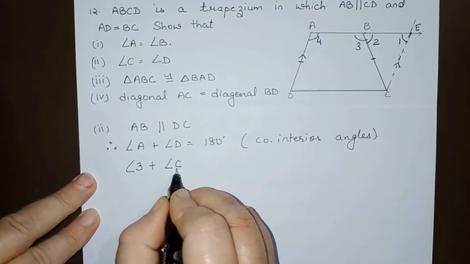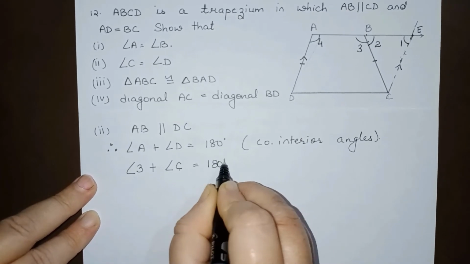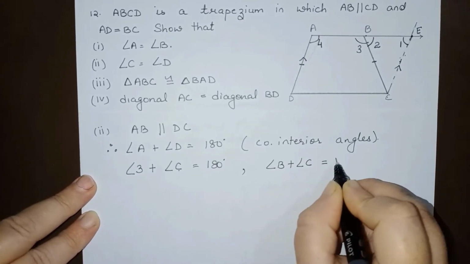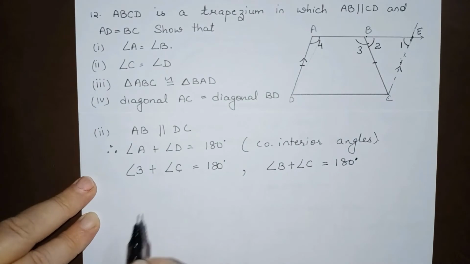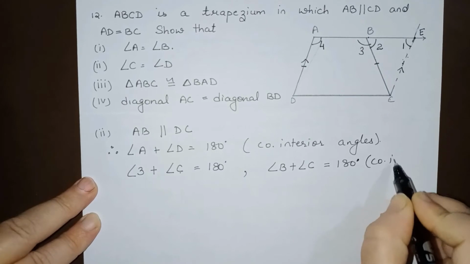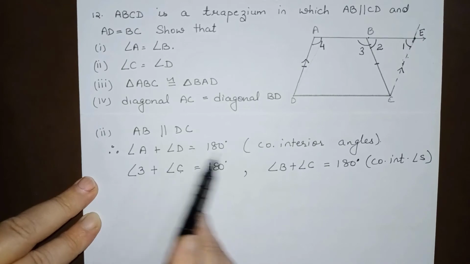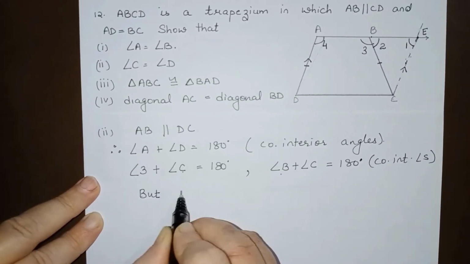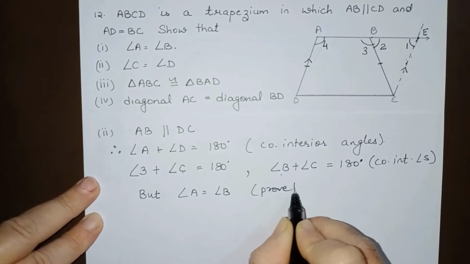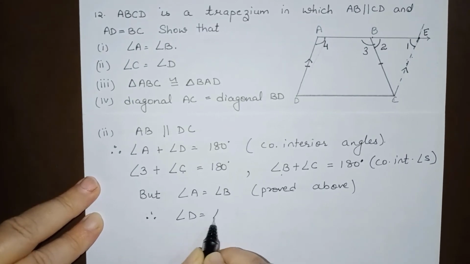Also we have angle 3 plus angle C is equal to 180 degrees, or we can write this as angle B plus angle C is equal to 180 degrees. Now if we compare these two equations, the reason is the same, they are also co-interior angles as AB is parallel to CD. A is equal to B, proved above. Therefore, we have D is equal to C.